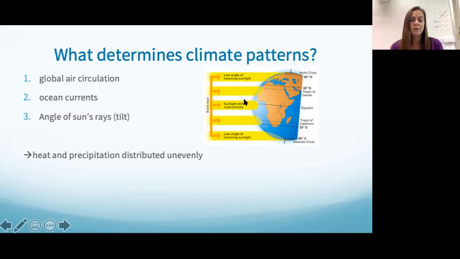And up here at these polar extremes, even when they are receiving a large number of hours of sunlight, as they do in their summer seasons, it is not a strong radiation because it has to pass through so much of the Earth's atmosphere before reaching the surface. So again, that global air circulation, Coriolis effect, the polar, Ferrel, and Hadley cells, those ocean currents, and then the angle of the sun's rays.